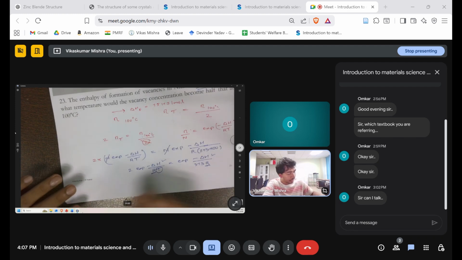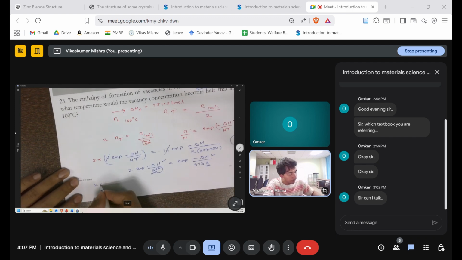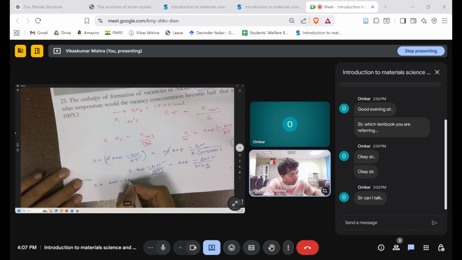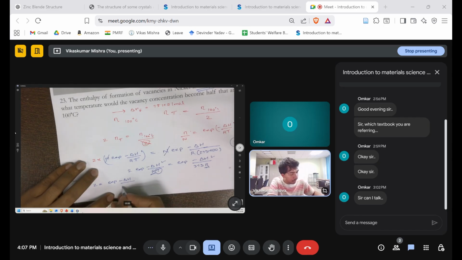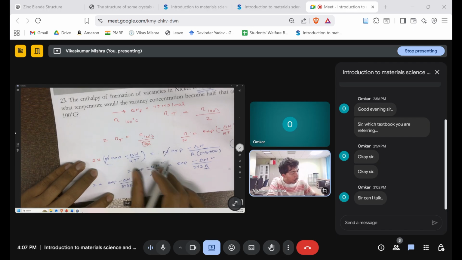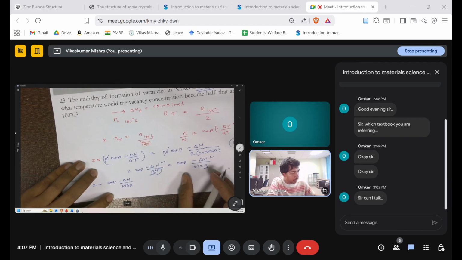So let's just rearrange the terms. 2 will be equal to the exponential of minus delta H divided by 373R. This will go over this particular side, so it will be in the denominator, and then exponential will be added.